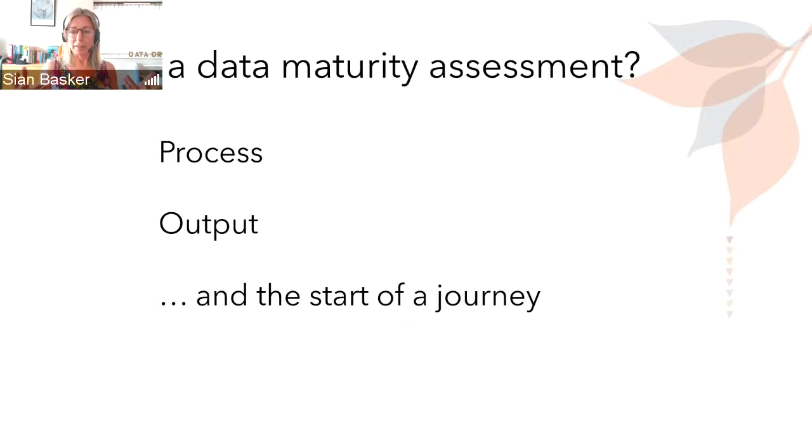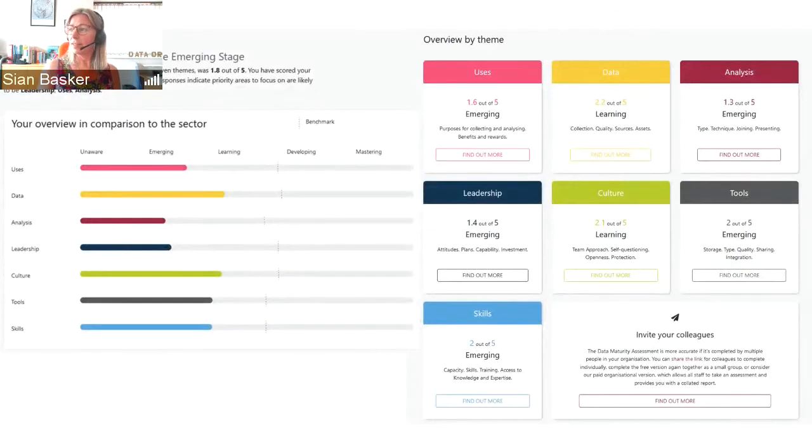The process is really about how you engage the organisation. The output will be a report about where you are on that data maturity journey and how you compare with others. But ultimately, it's about a first step towards creating some kind of plan or strategy about how you're going to progress.